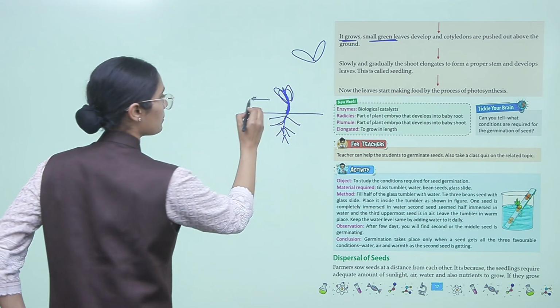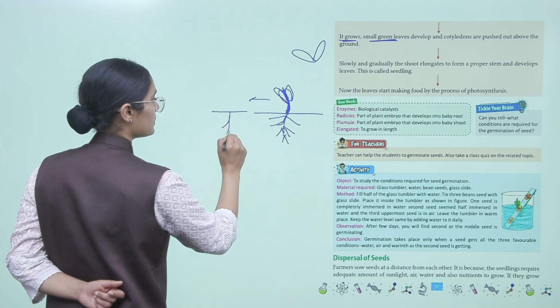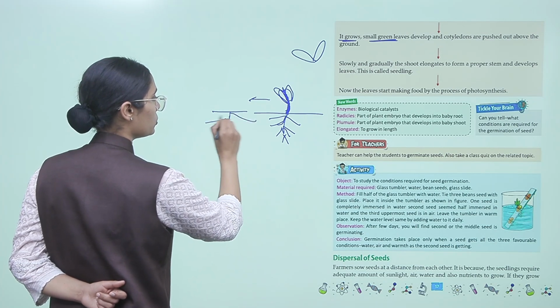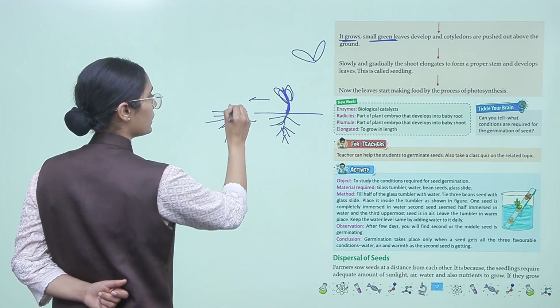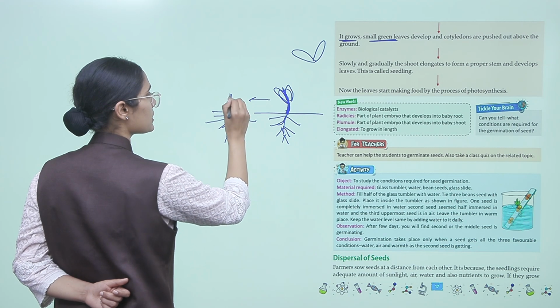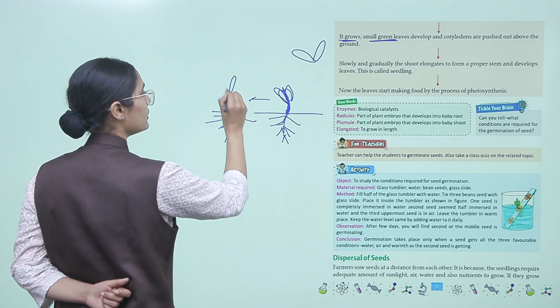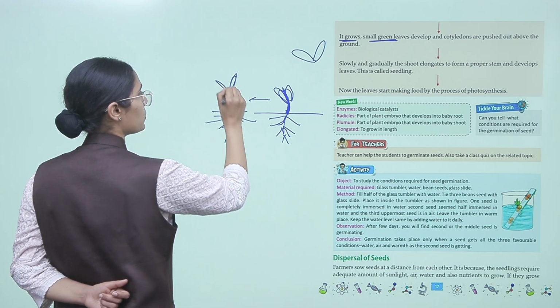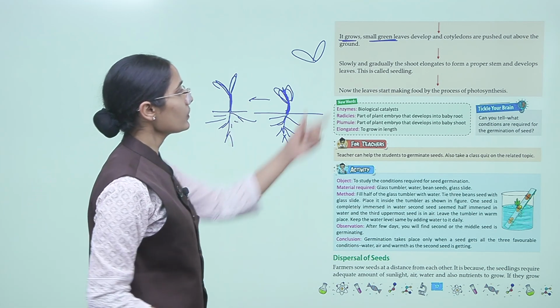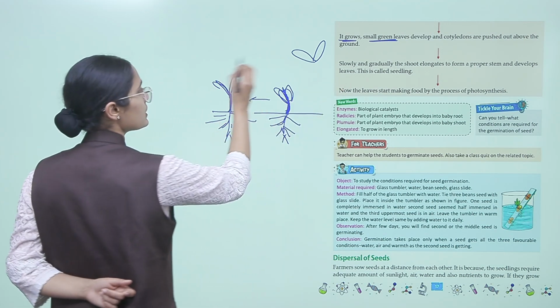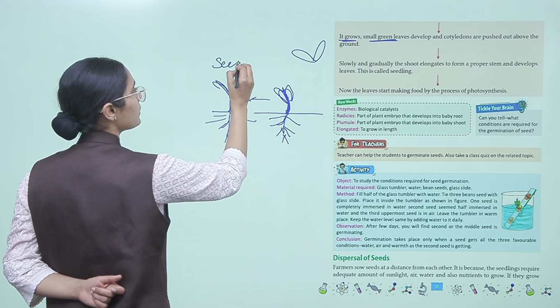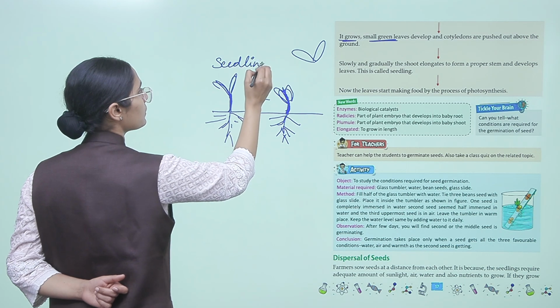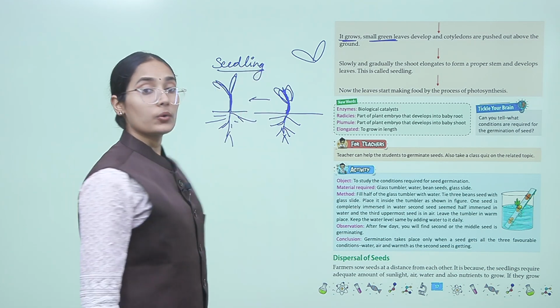So next what happens? This is the root. The root also grows. It grows in size, the stem grows in size, and the leaves come out. This part is called the seedling. Now, next what happens?